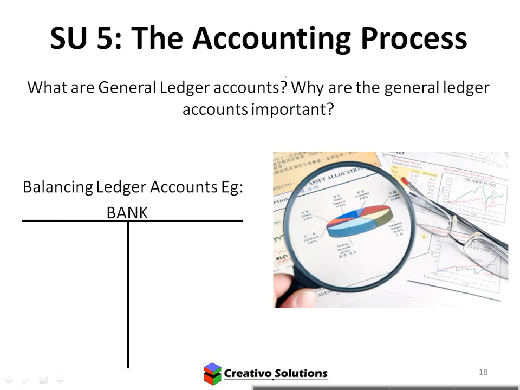What is a T account? It's this: the general ledger. When I refer to a T account, I'm talking about the general ledger. A general ledger is just a lot of T accounts.